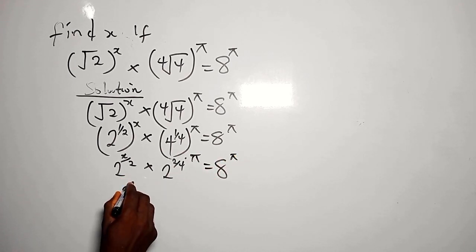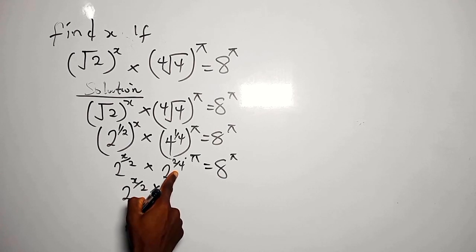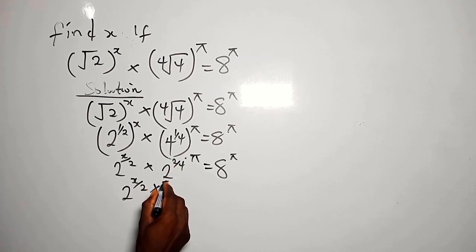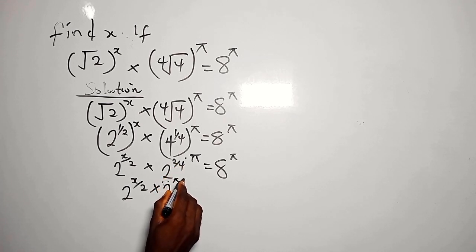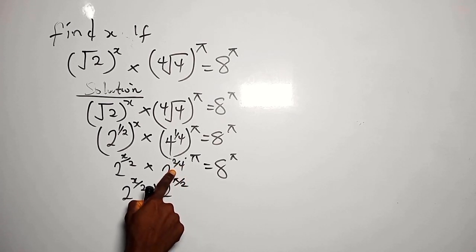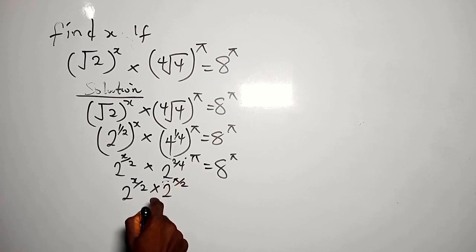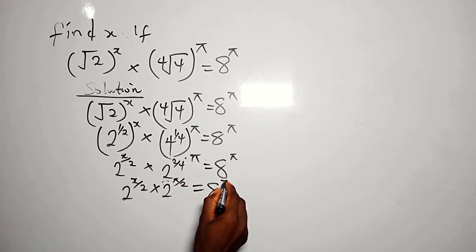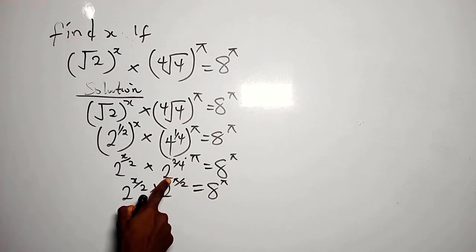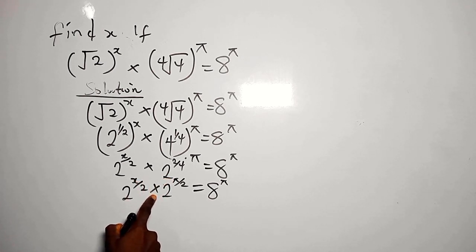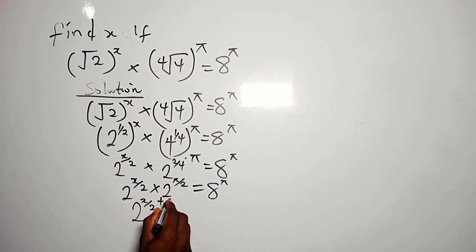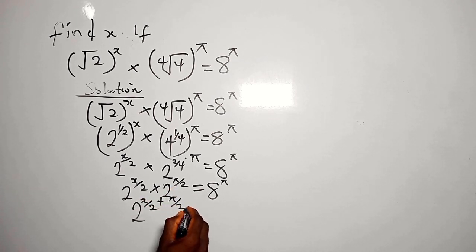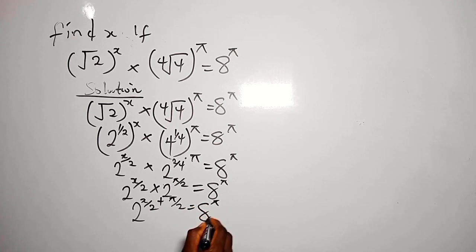So for 2 raised to power x over 2 times, when we simplify this, we have 2 raised to power pi over 2. Okay, so from here we have the same base, multiplying the same base, we add up the powers, so we have 2 raised to power x over 2 plus pi over 2 equals 8 raised to power pi.